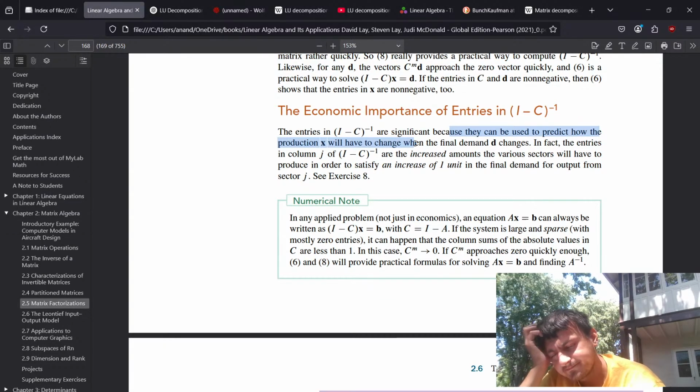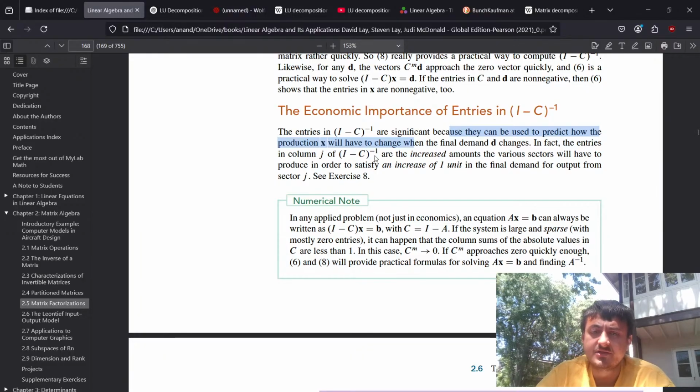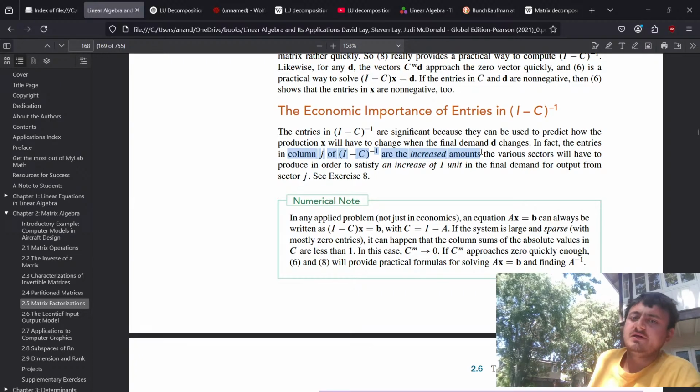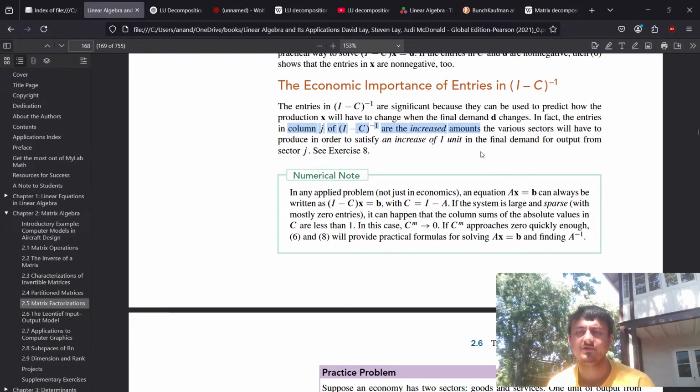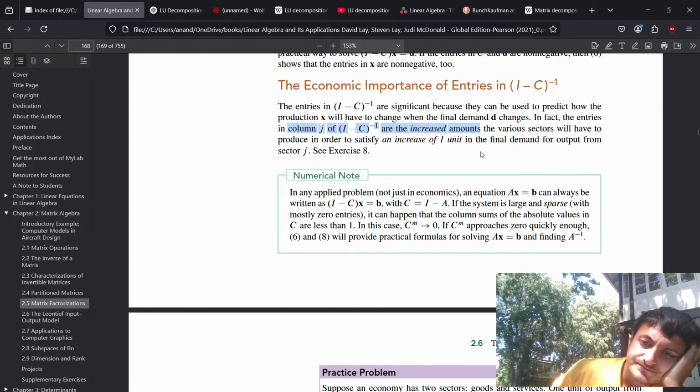Okay. In fact, the entries in column J of I minus C inverse are the increased amounts the various sectors will have to produce in order to satisfy an increase of 1 unit in the final demand for output of sector J. That's cool.